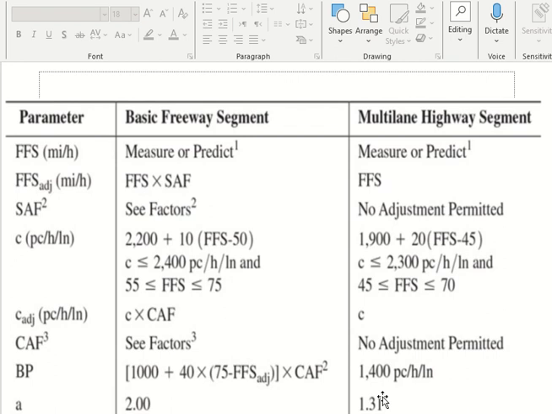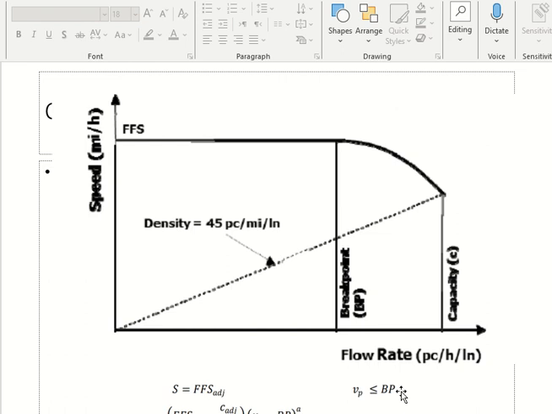Clear? So I need the A value for the speed equation. A value is 1.31 here, and this is the equation for speed.